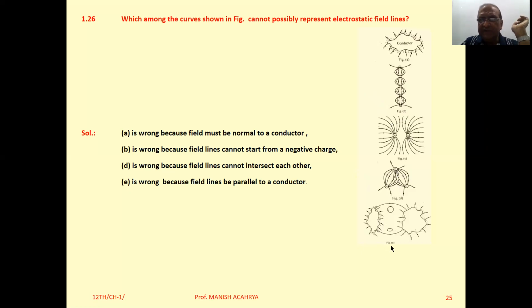And E, electric field lines never form a closed loop. So E is also wrong one. Here we have to represent which among the curves cannot possibly represent electrostatic field lines. So we can write the answer A, B, D and E. Clear?